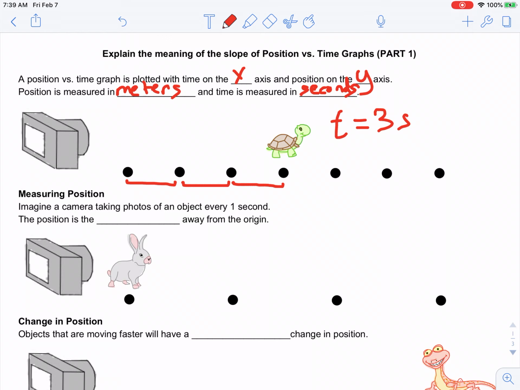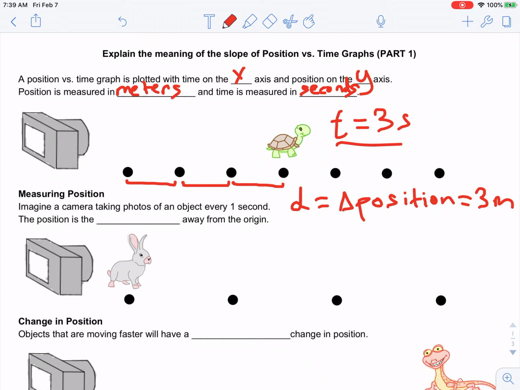His distance is the same as his change in position. He's changed his position from 0 to 3 meters, so his change in position is 3 meters. At t equals 3 seconds, his position is 3 meters away, and his total change in position is 3 meters.